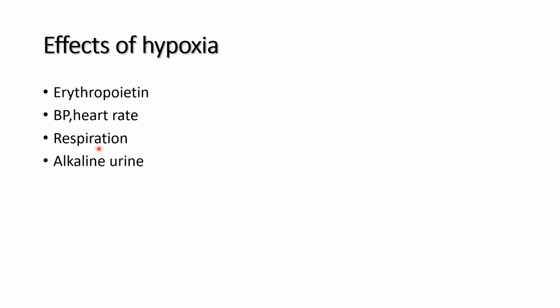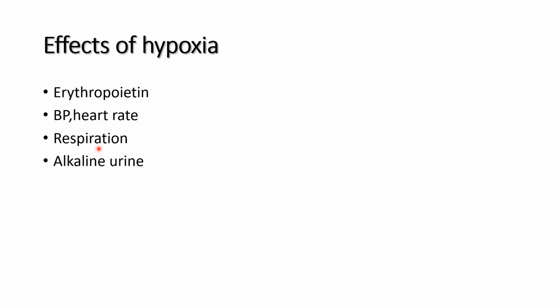Effects of hypoxia. Due to hypoxia, erythropoietin level is increased, so it increases the RBC count. Blood pressure and heart rate initially increase, then decrease, and respiratory rate initially increases due to chemoreceptor stimulation, then becomes shallow.